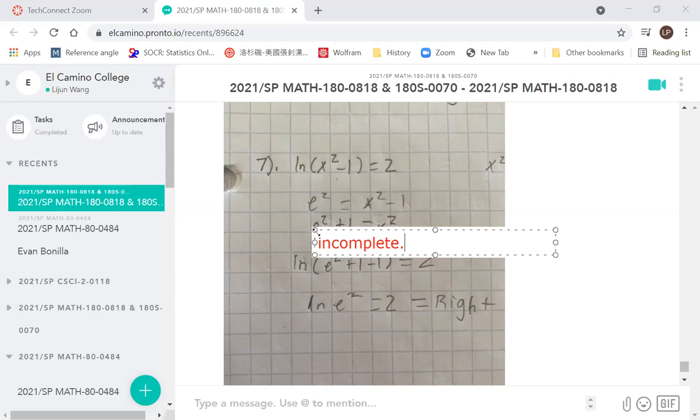So it's incomplete. I don't see anything wrong from your work, but it's partially right. You just need to keep going to get what x should be. You gave us the answer for x squared, and that's not what's being asked for. We're asking for x. Thank you for sharing.